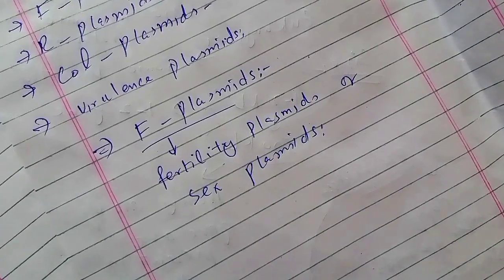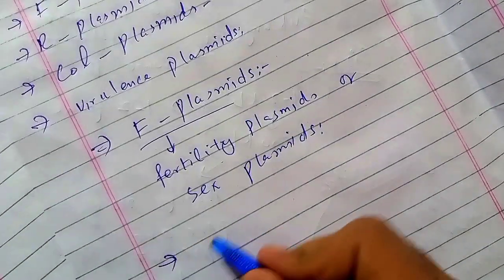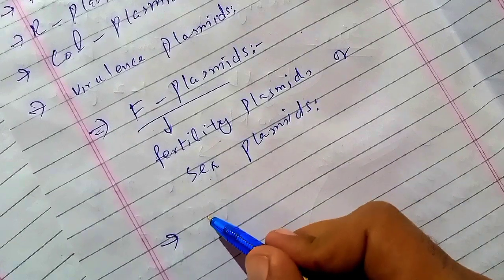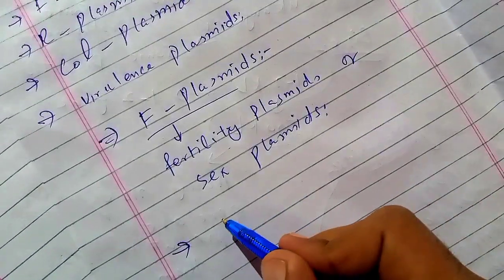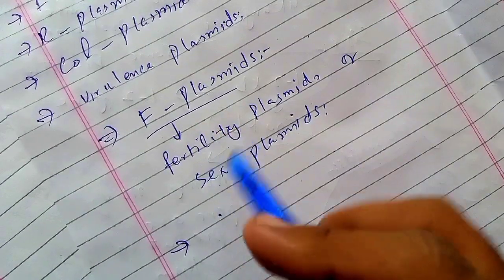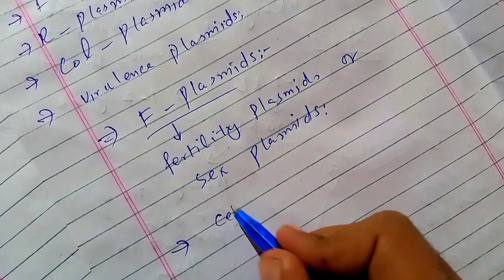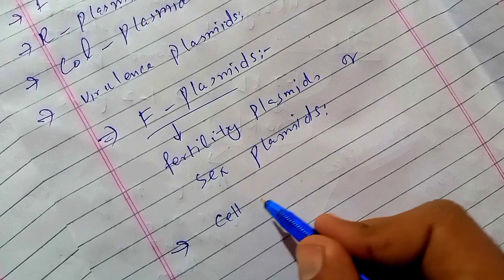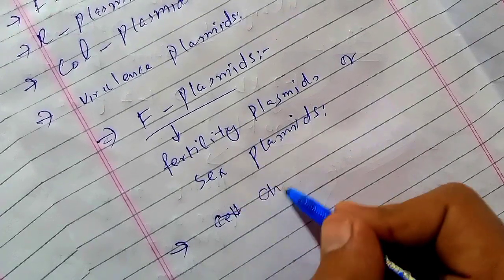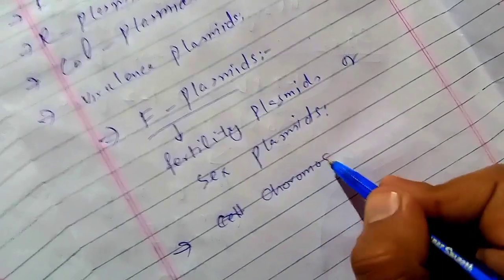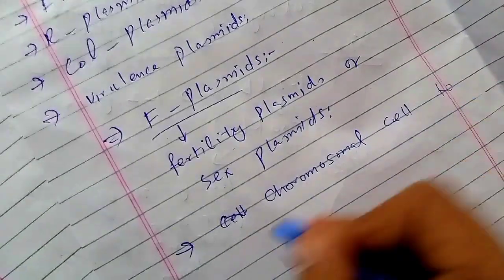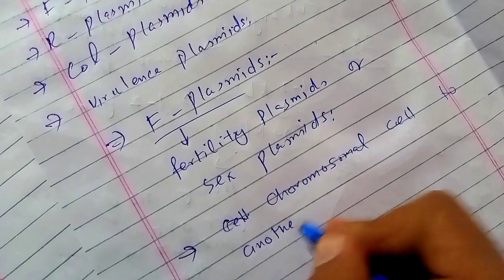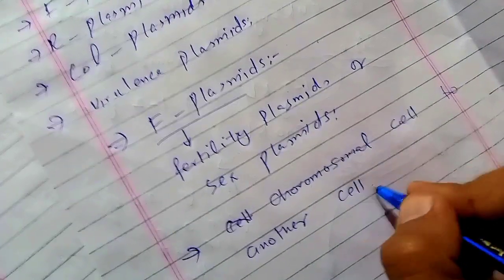This is the first ability of an F plasmid: it has the ability to transfer the chromosomal gene from one cell to another cell.